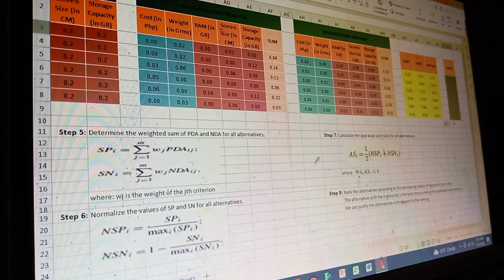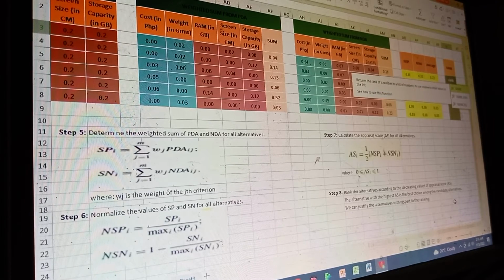Then the last part is to calculate the rank of all the alternatives. Step 8: rank the alternatives according to the decreasing values of appraisal score AS. The alternative with the highest AS is the best choice among the candidate alternatives. So we can justify the alternatives with respect to the ranking. So we will calculate the ranking.